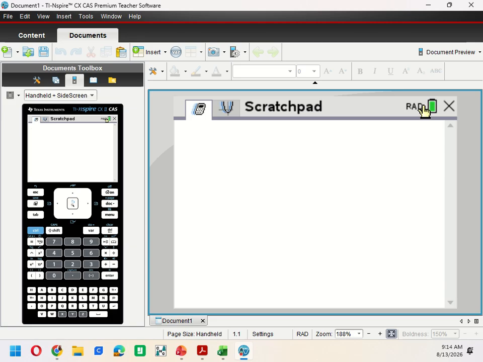Now, we are going to enter this as a fraction, so you need to arrow over to where the top of the screen says fraction.